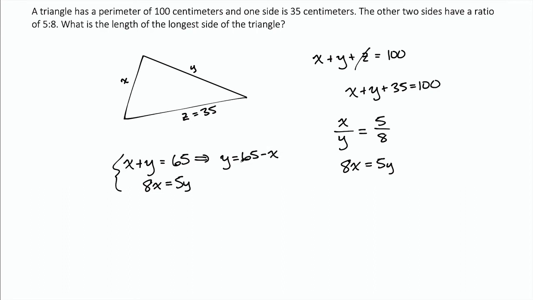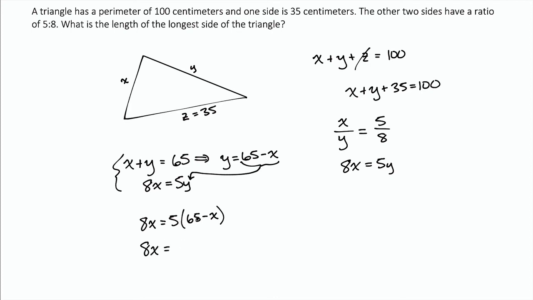Now I can take this expression, since that's what y is, and plug it in right there for y. So I've got 8x equals 5 times 65 minus x. Now I can simplify and solve for x. My left side I'll leave the way it is.